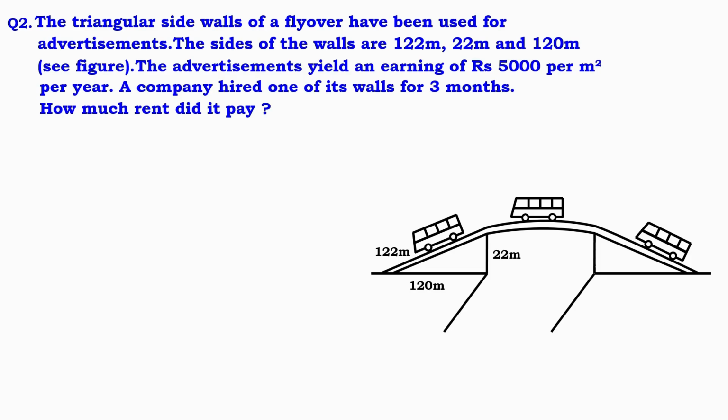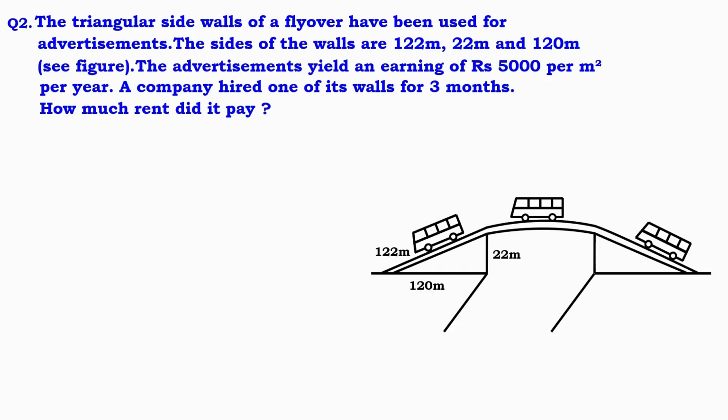So there is a flyover, and in that flyover there are two triangular sides which are used for making the advertisement. Okay, so now, to paste something on that wall, that's why they have made that triangular area. So now here the sides are given, that is 122 meter, 120 meter and 22 meter.